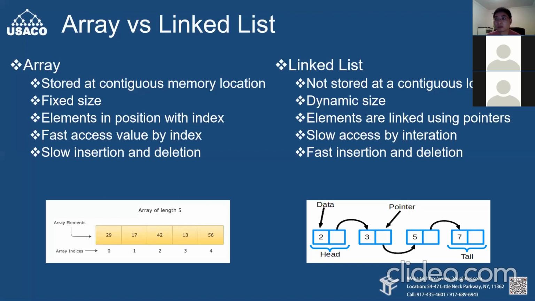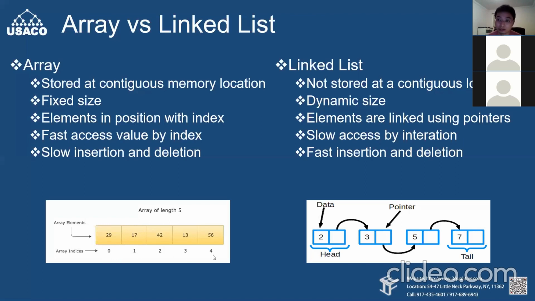Okay. So the third item is elements in position with index. That's easy to understand. For every position in the array, we have an index: 0, 1, 2, 3. Why can we use an index?